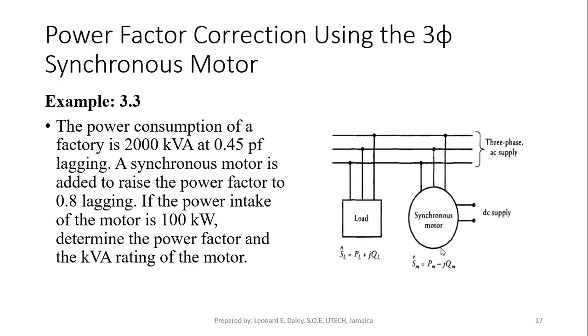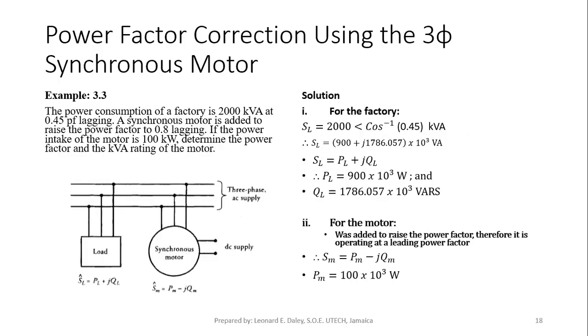The motor itself will take a real power, the PM, of 100 kilowatts. And we're asked to determine the power factor and kVA rating of the motor. So we'll get into that. First we'll look at what the factory is doing in terms of real and reactive power.